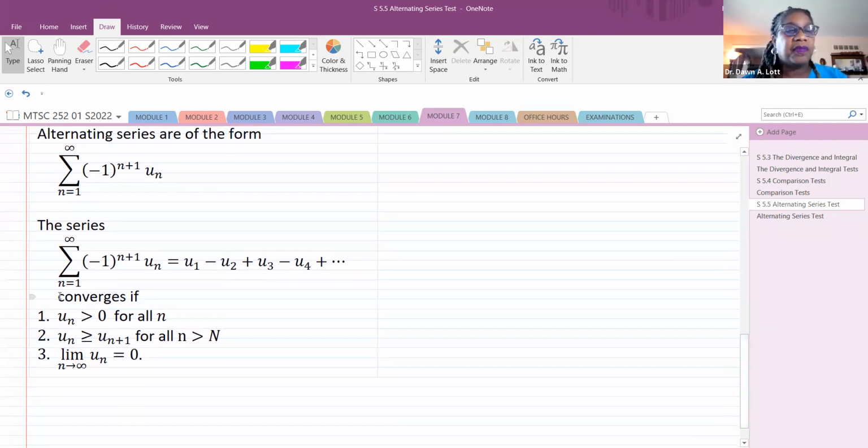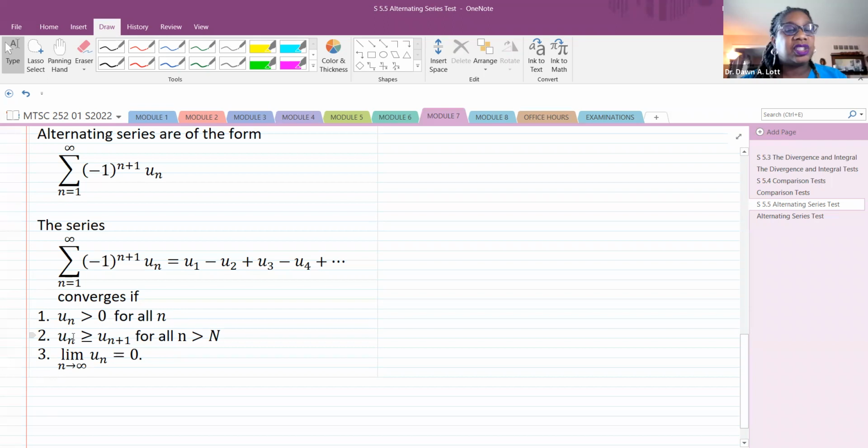So we have an alternating series test. And with this test, we can determine that this series converges if the following 3 conditions are met. The first condition is that u_n must be positive.